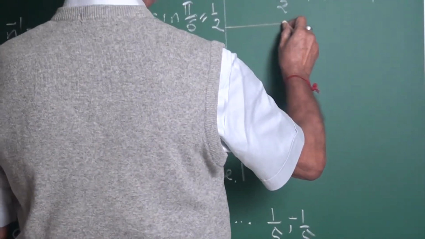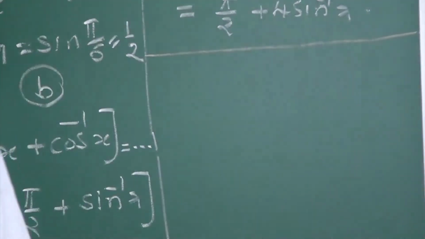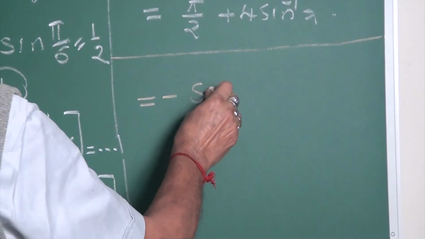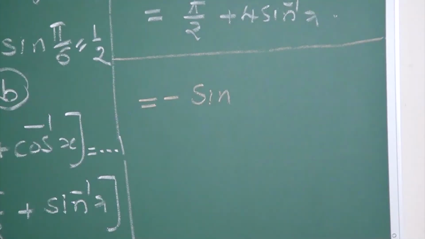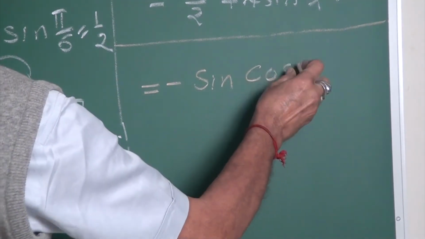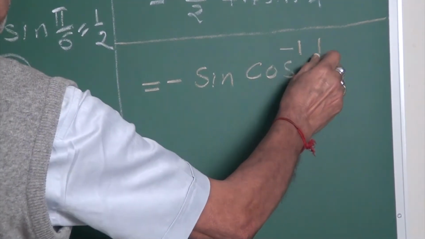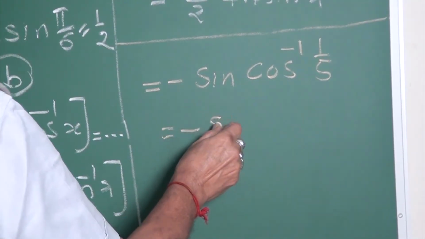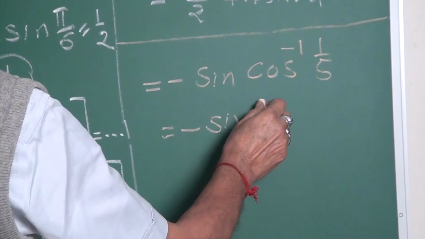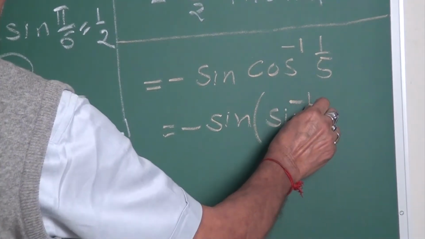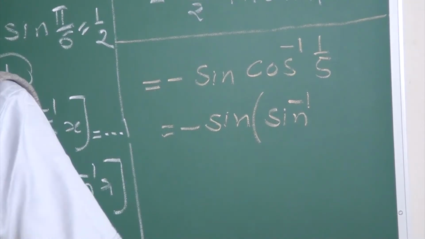See, this is equal to minus sine. This cos inverse you have to convert into sine inverse. I write once again, my friend, here: cos inverse 1 by 5. Yes, it is minus sine. You want to convert this in terms of sine inverse. Tell me, what is this?